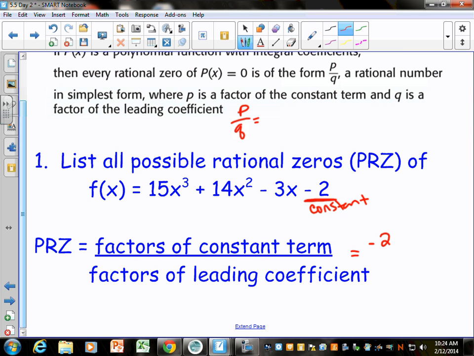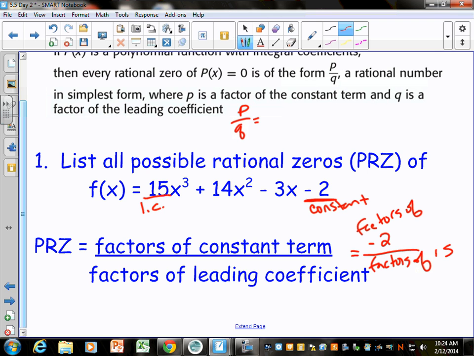What's the leading coefficient on this problem? The leading coefficient is the number in front of the highest exponent. So the highest degree is 3, so the leading coefficient is 15. So I need to take factors of -2 over factors of 15.